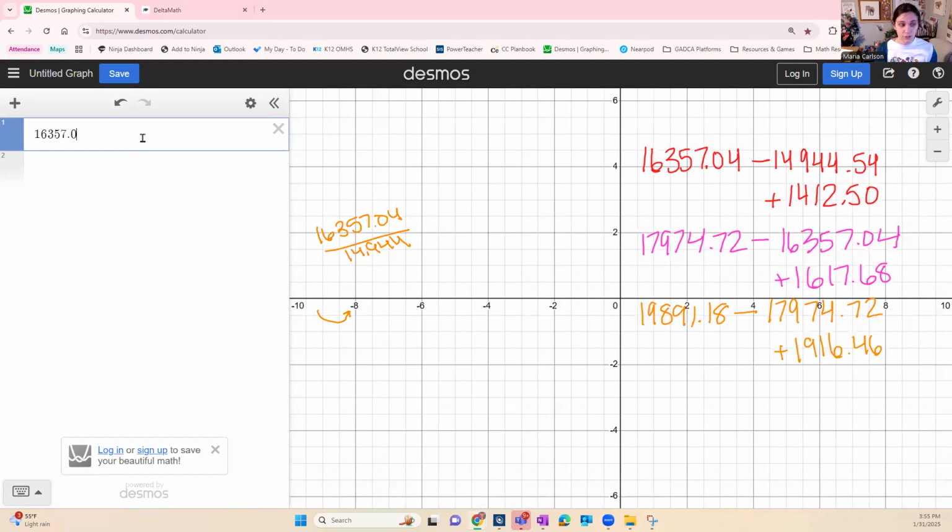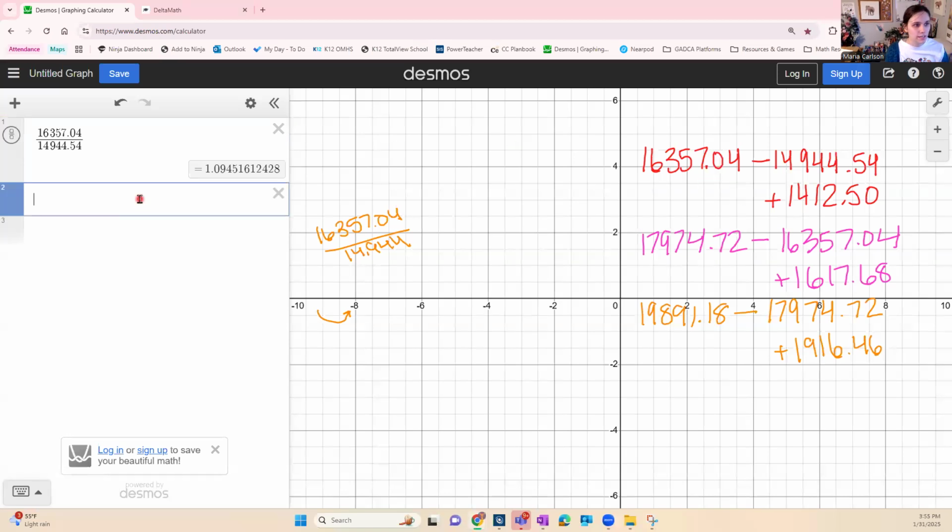And it could be exponential in that it's growing kind of slow. So let's see. Luckily, I have all of the numbers already written out on the right-hand side. So first I did year 2 divided by year 1. So we multiplied by 1.09 or increased by 9%.